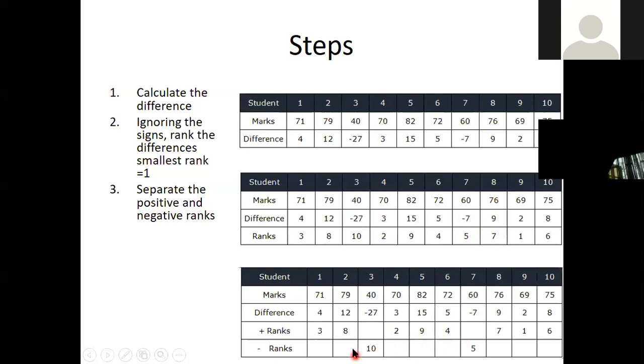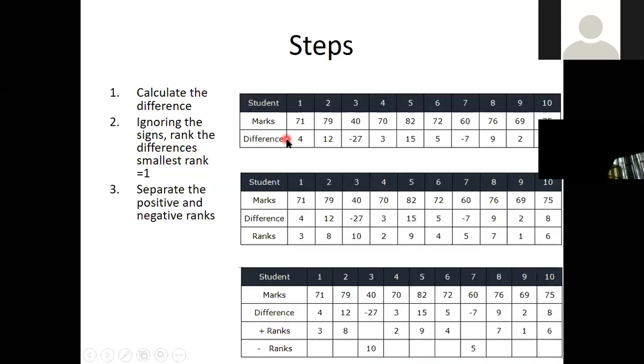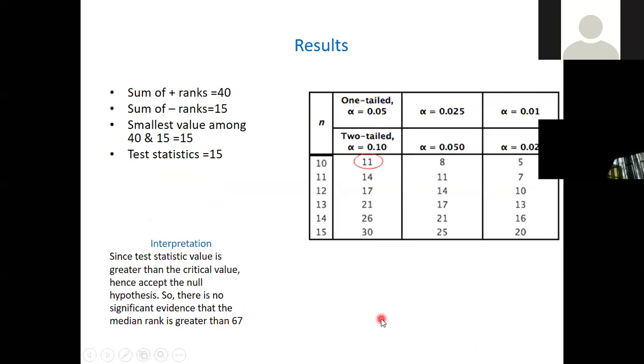So when you now add them together, we calculate ignoring the sign, separating the positive and negative ranks. You can see that the sum of the positive ranks is 40. And the sum of the negative ranks is 15, that's 10 plus 5. The smallest value of them is 15. That is the test statistic.